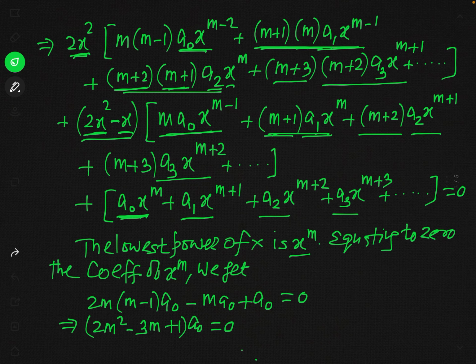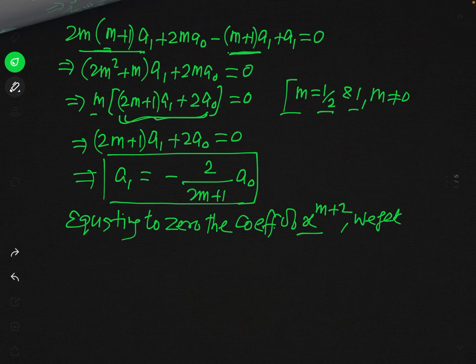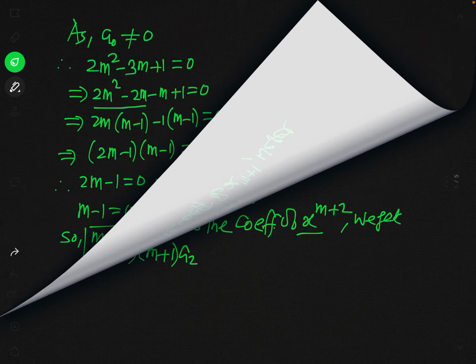So the coefficient in the first series of x to the power m plus 2 will be 2 into (m plus 2) into (m plus 1) into a2. So first of all, write this. This will be 2 into (m plus 2), you have seen just now, (m plus 2) into (m plus 1) into a2.